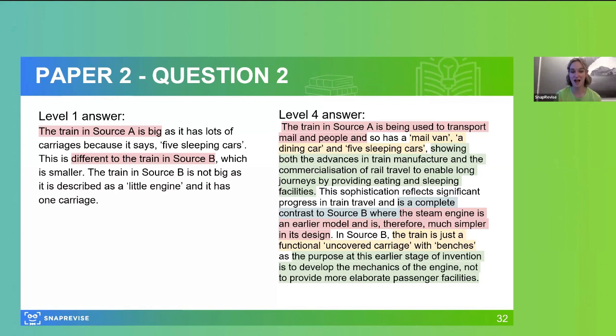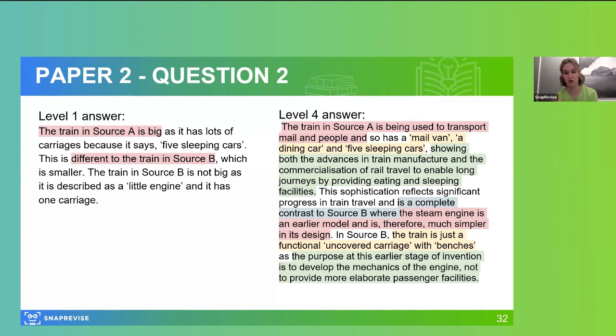So hopefully you can see how much more in depth the level 4 answer is, how much more it goes into thinking about what the repercussions are and what that tells you about rail travel, and the fact that A is much more sophisticated, made for commercial use through rail travel for people, whereas in source B, that's not the case.